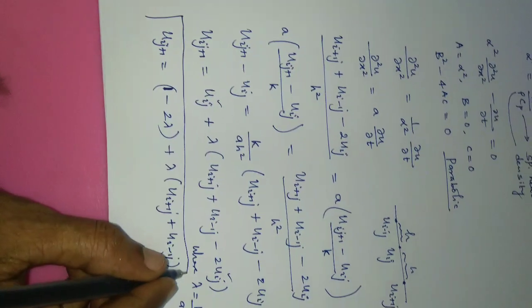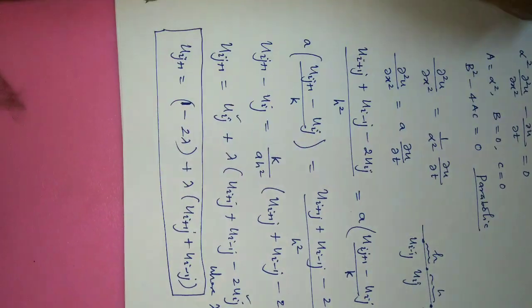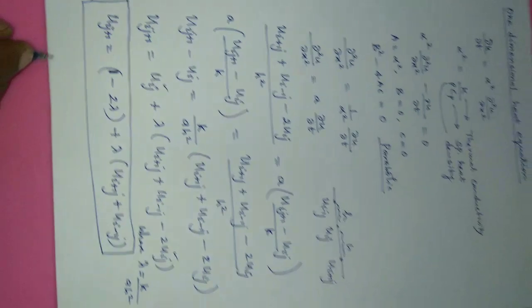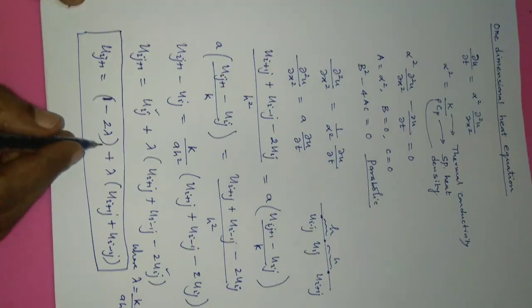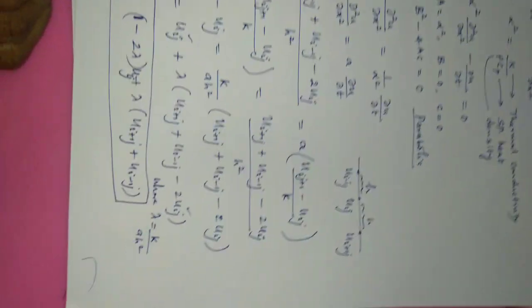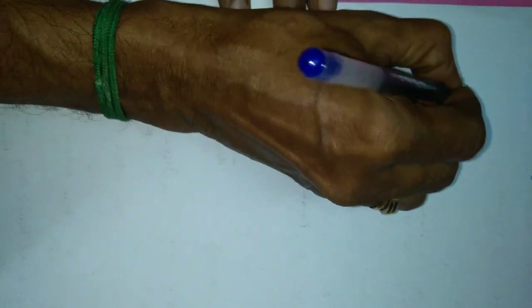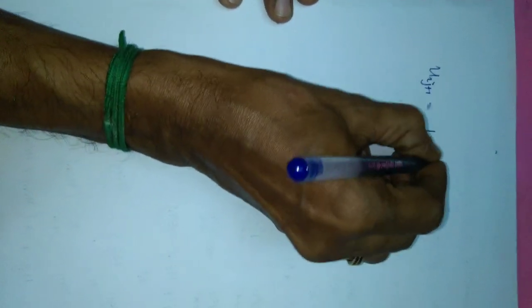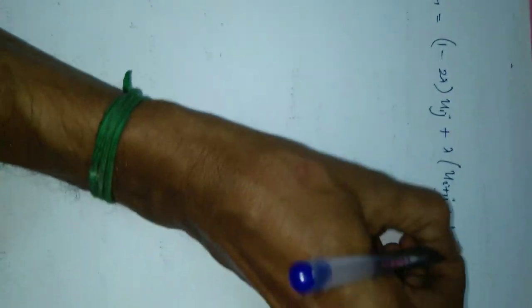This is what the finite difference equation is for the given one-dimensional heat equation. Now in this case, I'll rewrite the equation separately: u(i,j+1) equal to (1 minus 2λ) u(i,j) plus λ times (u(i+1,j) plus u(i-1,j)).